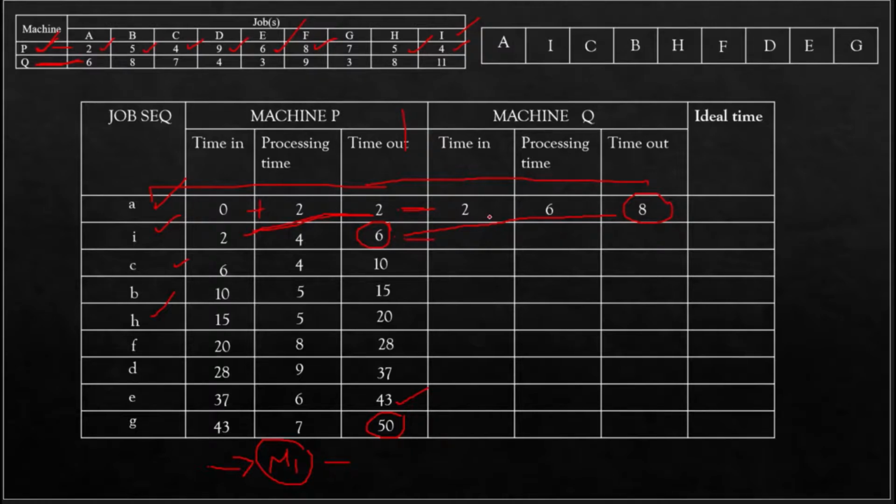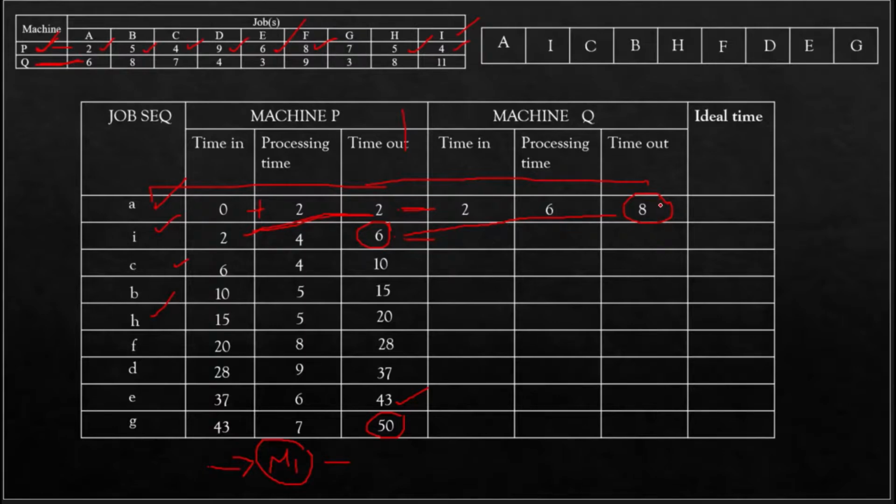Machine 2 is still processing job A itself, so the process is going on, and simultaneously we can't assign a job to any machine. So we'll wait until machine 2 completes its job. Machine 2 completed its job at the 8th hour, so now we will give the input at the 8th hour.